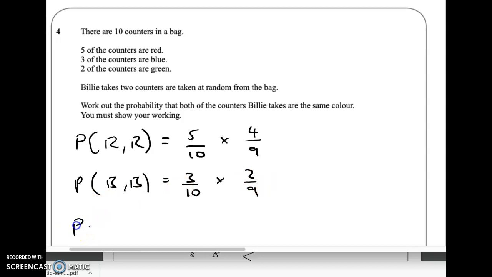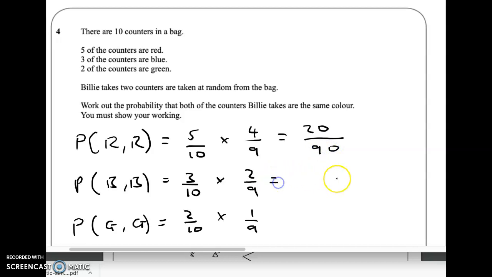Or it could be the probability that it's green and then green, which equals 2 over 10 times 1 over 9. So this equals 20 over 90. This equals 6 over 90. And this equals 2 over 90.